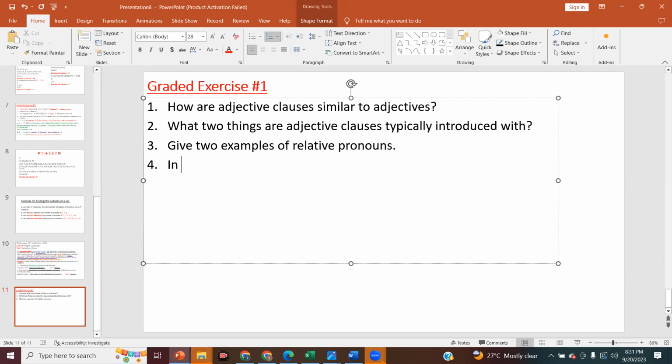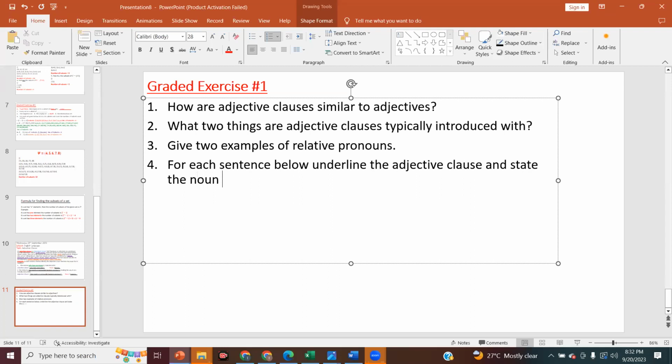Number 4, for each sentence below, underline the adjective clause and state the noun it modifies.